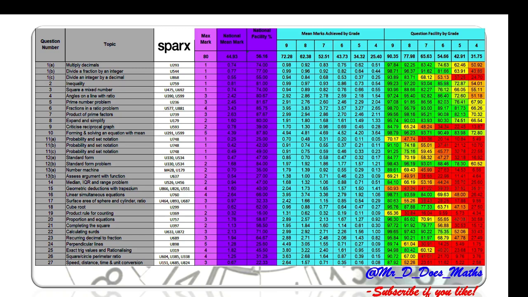I think it was 73 for the 9 on that paper, 62 for an 8, 53 for a 7, and you can see the rest for yourself. That gives you a rough idea of how you did on that paper. You've also got the facility by grade, and again that geometric deduction with trapeziums hit as the shocker right in the middle of the paper. I hope you found that useful.